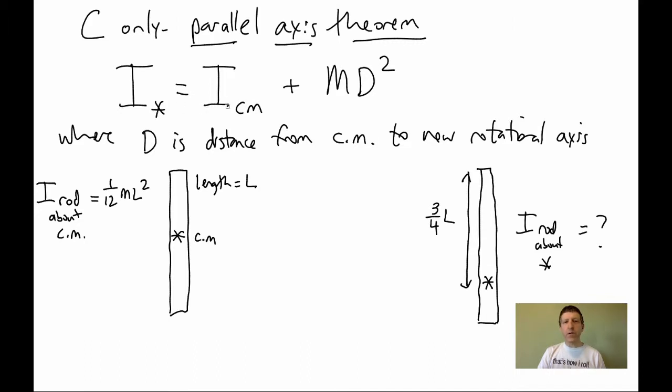If it is parallel to it, then all you got to do is take the moment of inertia about the center of mass and add to it the mass of the object times d squared, where d is the distance from the center of mass axis to our new rotational axis, which, and I'll put this right here, has got to be parallel to the CM axis.